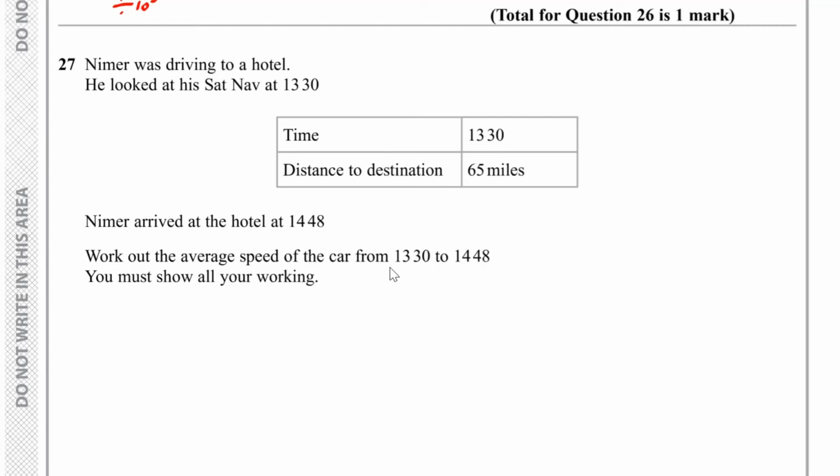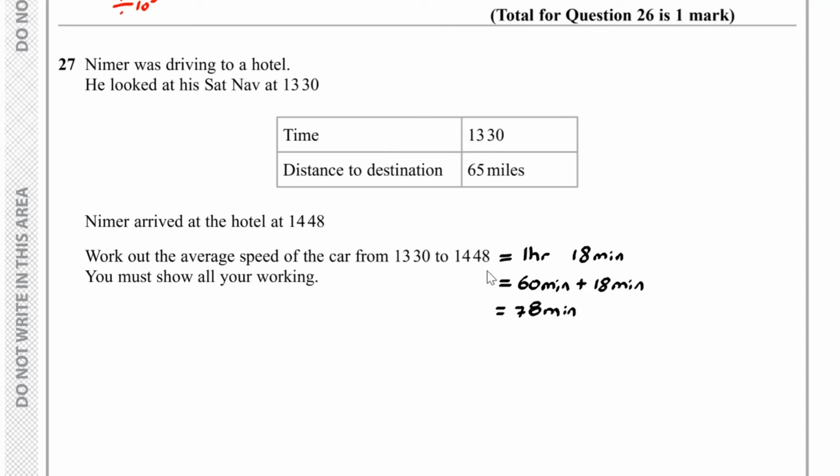Well, you can see over here from 13:30 to 14:48, that's 1 hour and 18 minutes. Okay, so that is 60 minutes, that's the 1 hour, plus 18 minutes, which is 78 minutes.